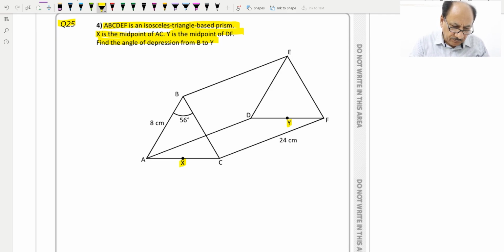So we can first join this one and B and Y and X and B. So after joining this, the angle of depression which is required, we will be finding this one.